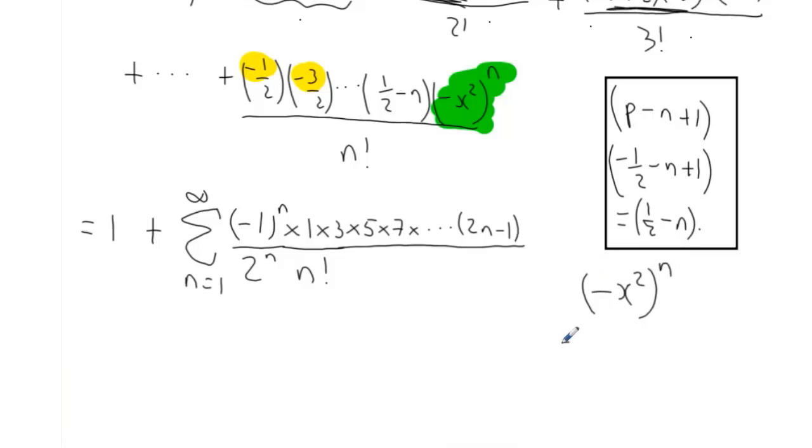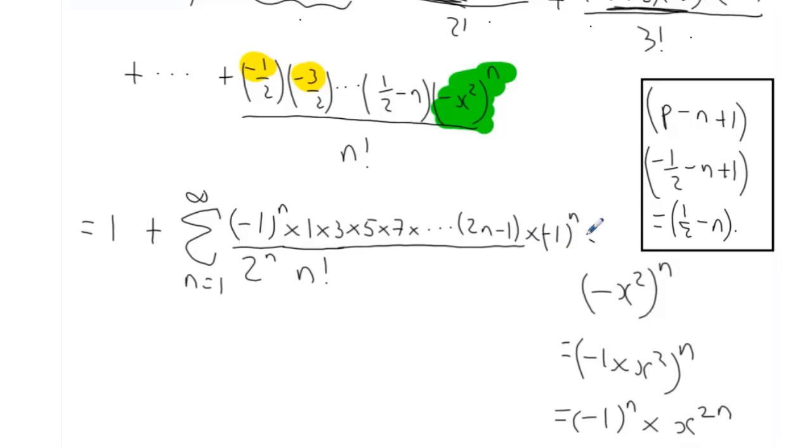Well, I'm going to think about that as minus 1 times x squared to the power n, which I'm going to think of as minus 1 to the power n times x squared to the power n, which can be x to the 2n.